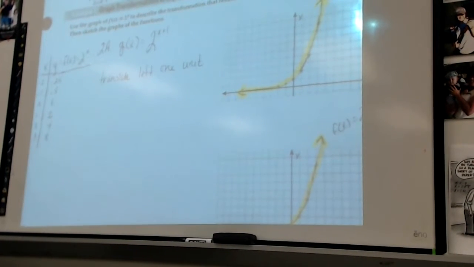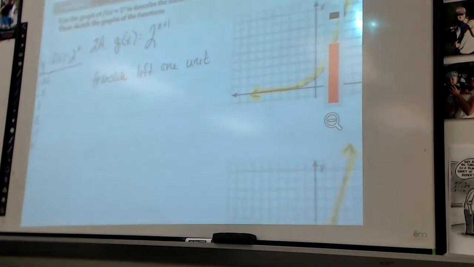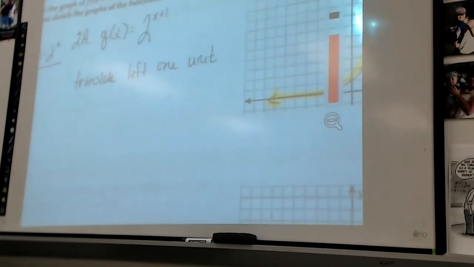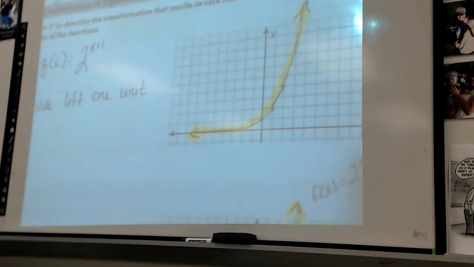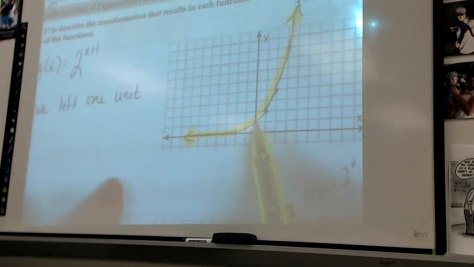Now, that's the only transformation that we see here, okay? So what we want to do is take these points that we plotted and just move them all to the left 1 unit, okay? So 0, 1, we're going to move it over here. Then we had 2, 1, that's going to move over here and now be the y-intercept. And then we had 2, 4.